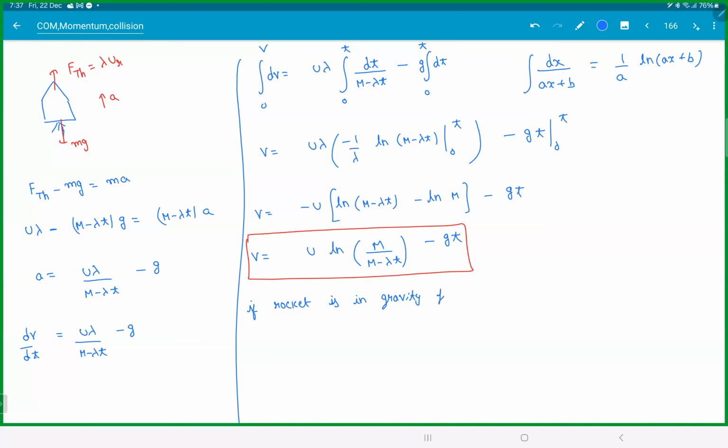If the rocket is in gravity-free space, then the g term will be 0. Then we get the velocity of the rocket as u into ln(m by (m minus lambda t)).